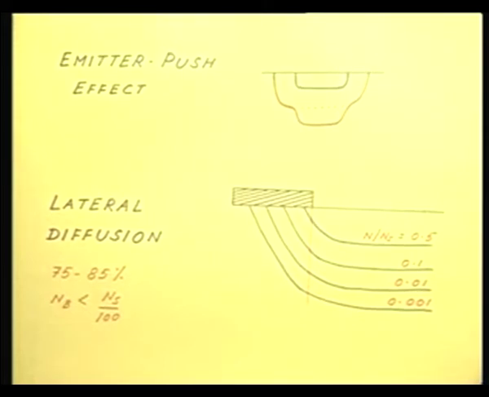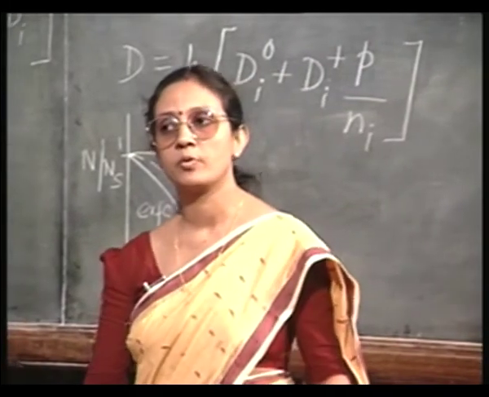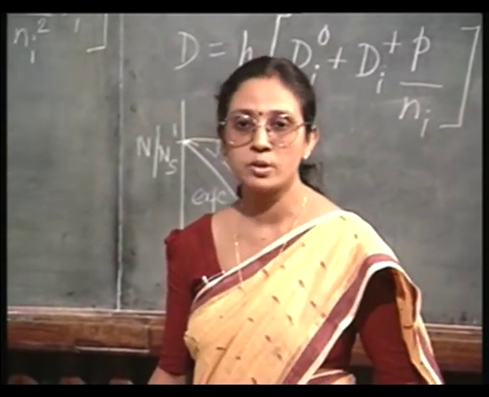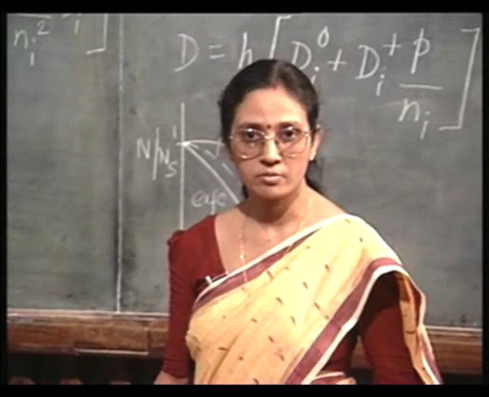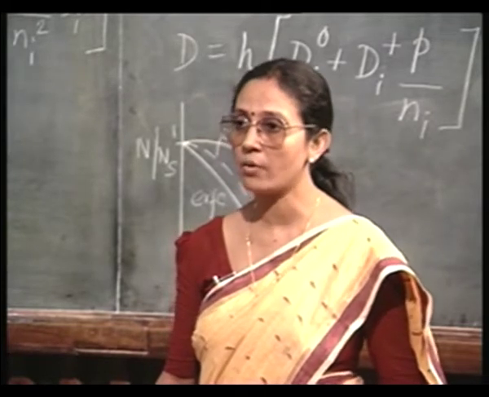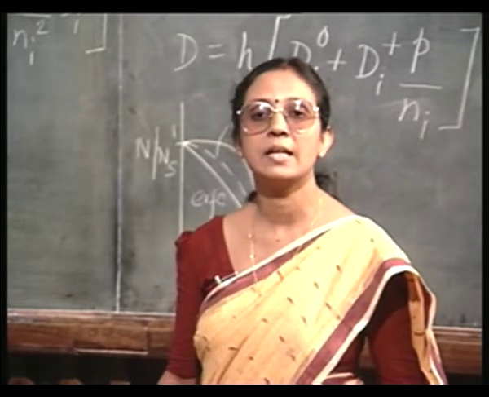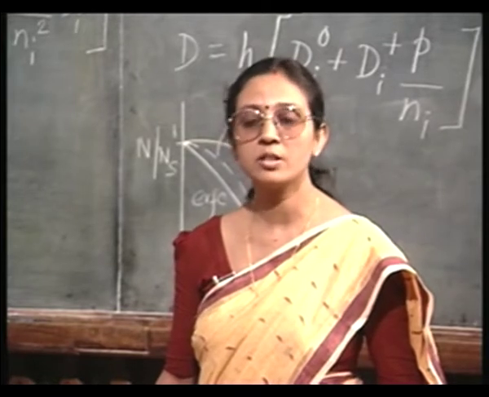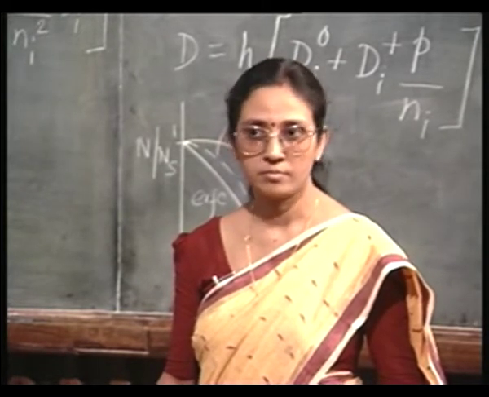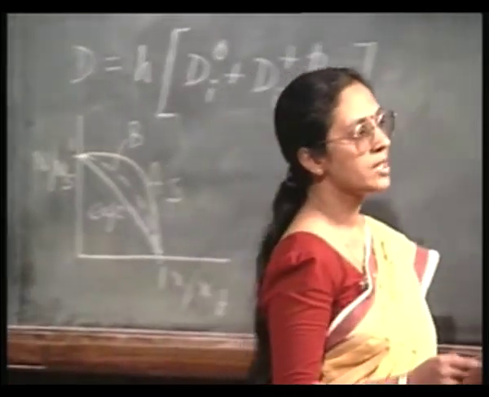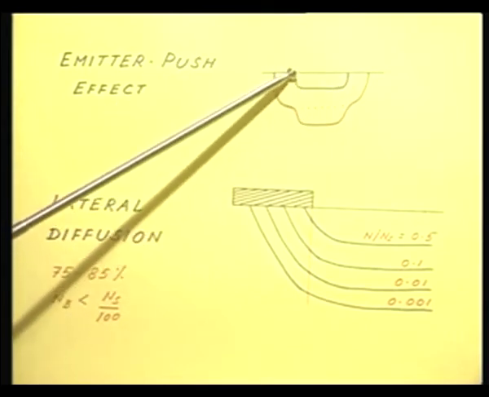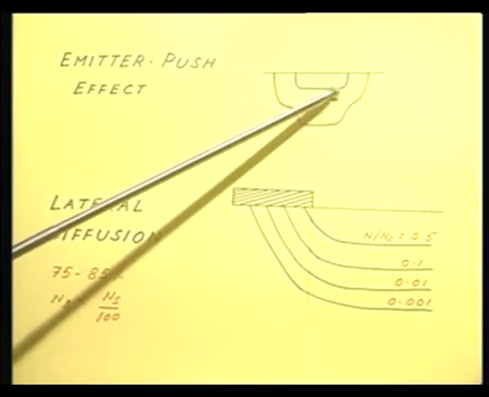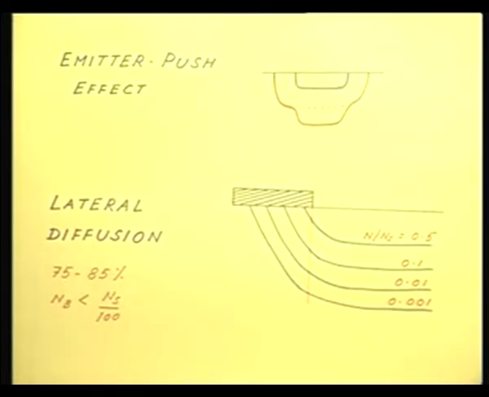The answer lies in the phosphorus doping profile itself. You have already noticed that further away from the surface, when we were diffusing phosphorus, there is an enhanced diffusion because of the creation of vacancies, right. So, if this is my emitter, then this is the region where all these vacancy creations will take place, all the enhanced vacancies will be there.